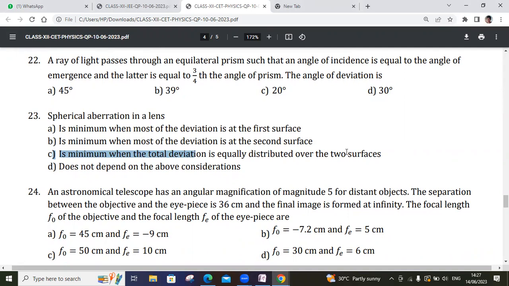If the deviation is not equally distributed, then there will be some aberration, some defect in the image. But if it is equally distributed, then aberration will be very less. Basically, aberration means some distortion.